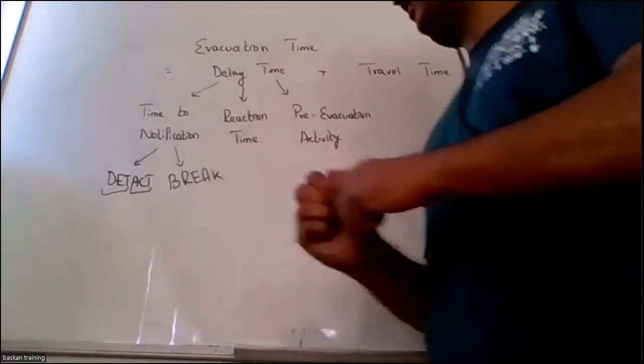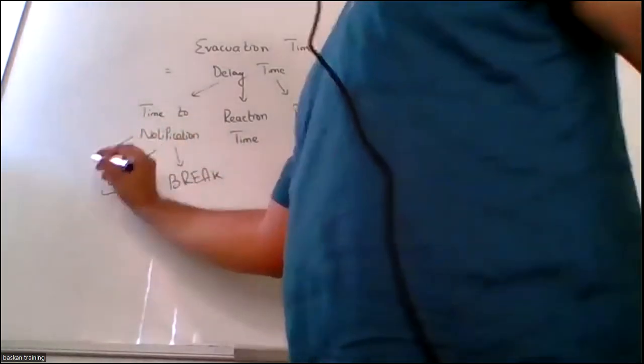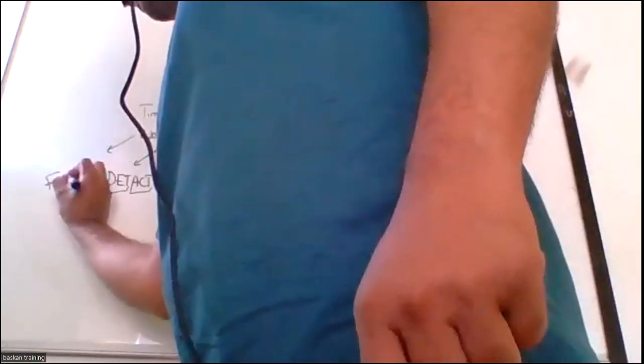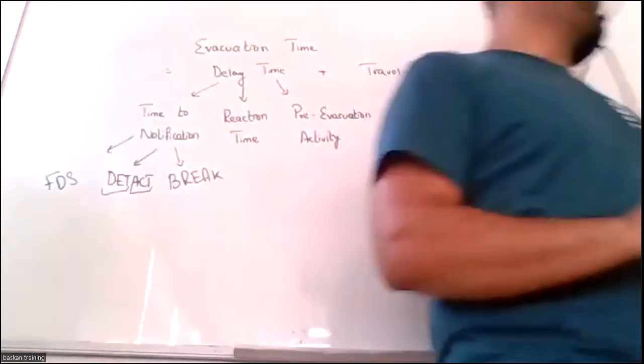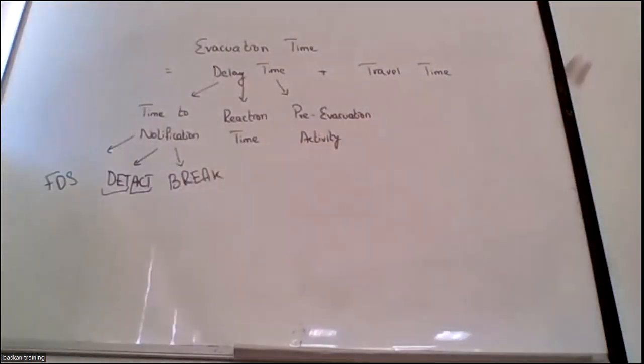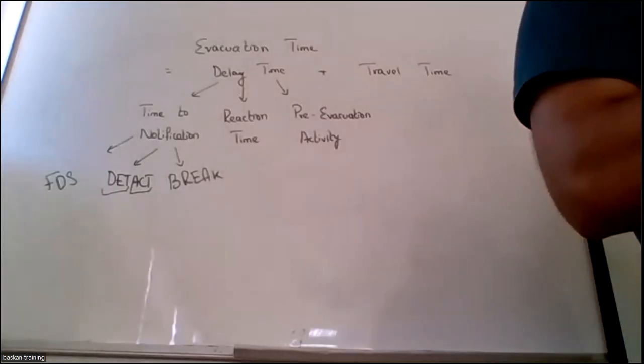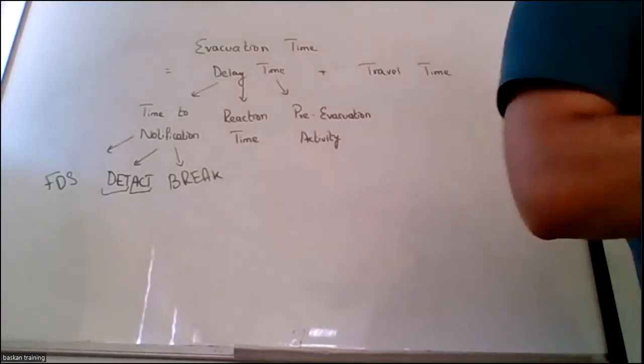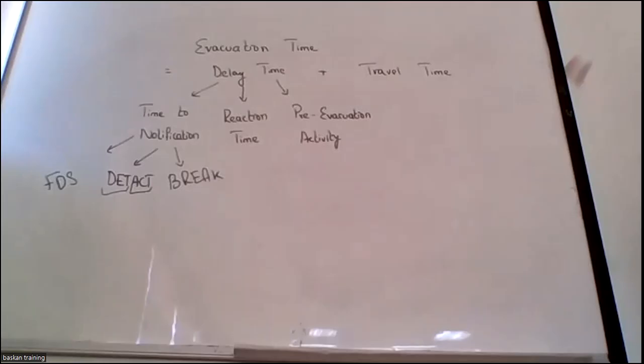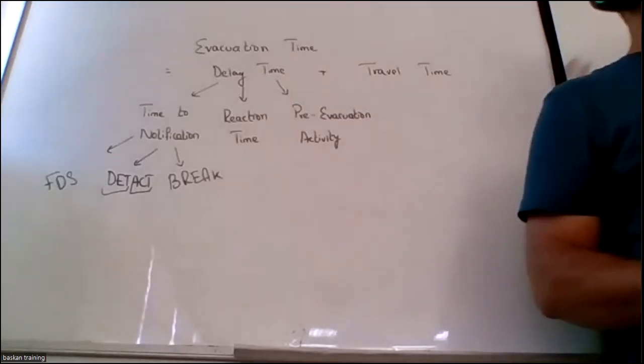The third type of time to notification model is FDS, the fire dynamic simulator. Fire dynamic simulator provides you the response of materials, heat, and smoke movement in a building. Nowadays in universities we have simulation programs that create the same occupancy. They put on the materials and start an ignition source.